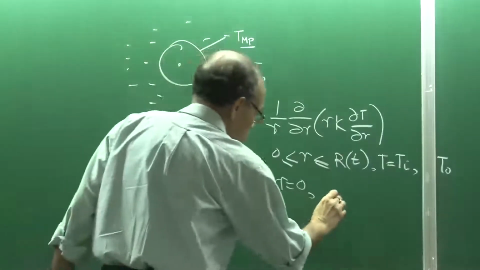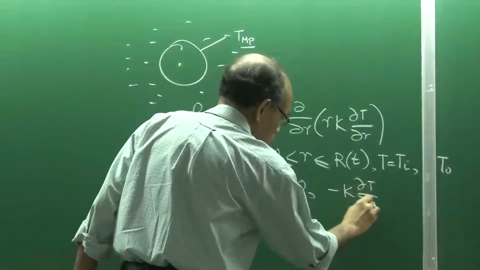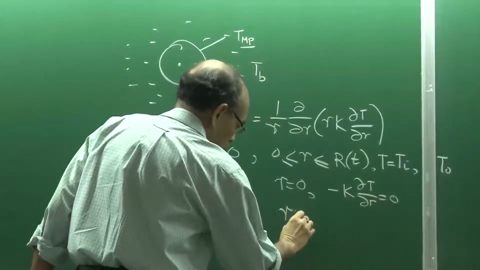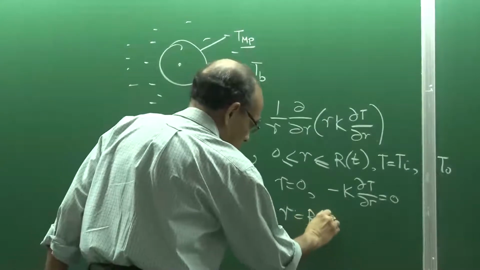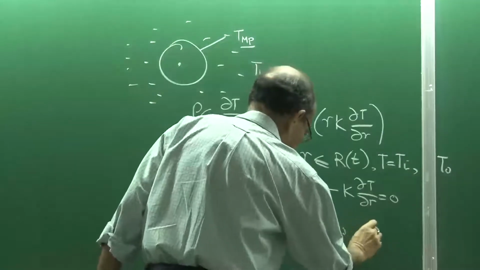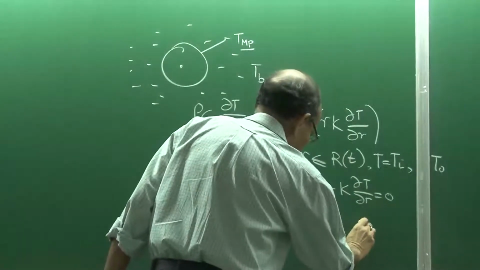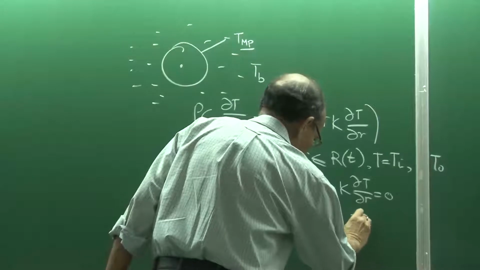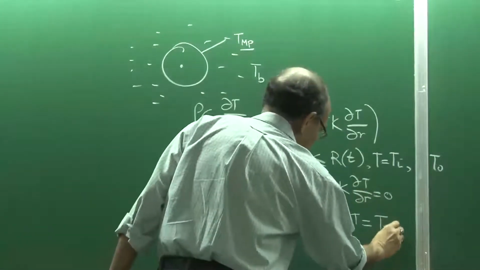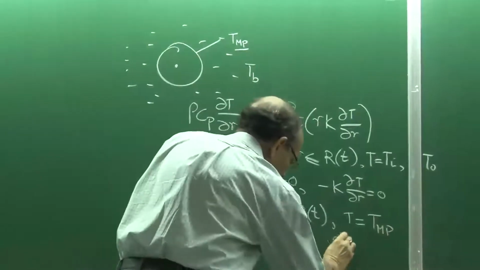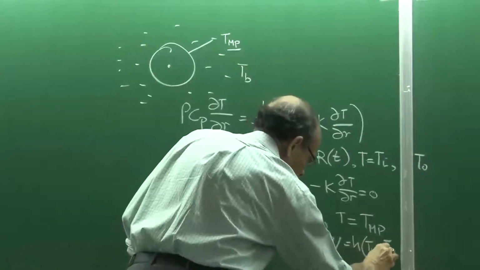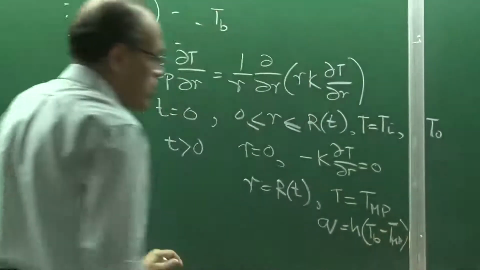At r equal to 0 we have minus k dT/dr equal to 0, and at r equal to R(t), which hitherto is not known, we have, as I indicated, that T is equal to T sub mp, or we can say that the flux is equal to h times (T bulk minus T mp). That represents the heat flux.